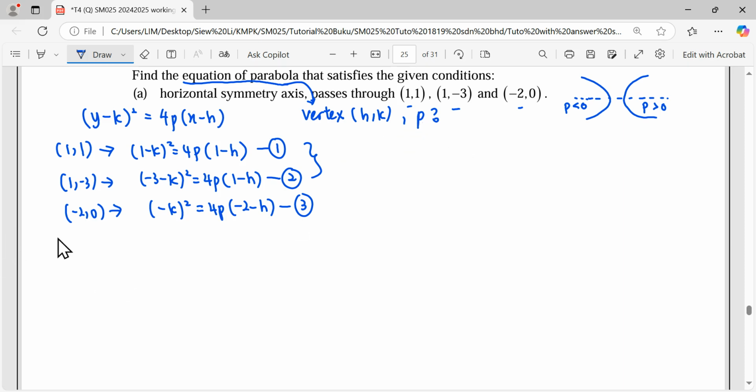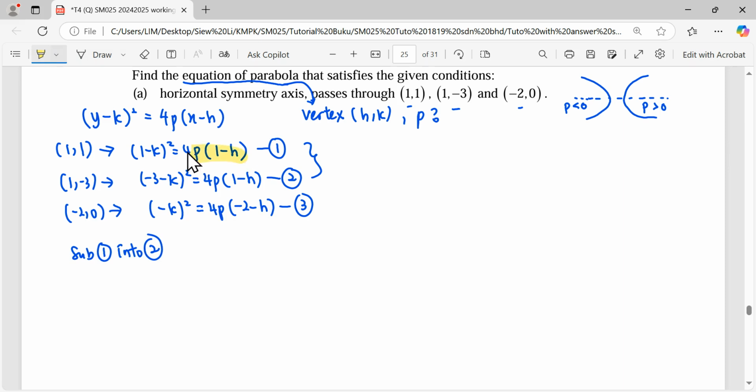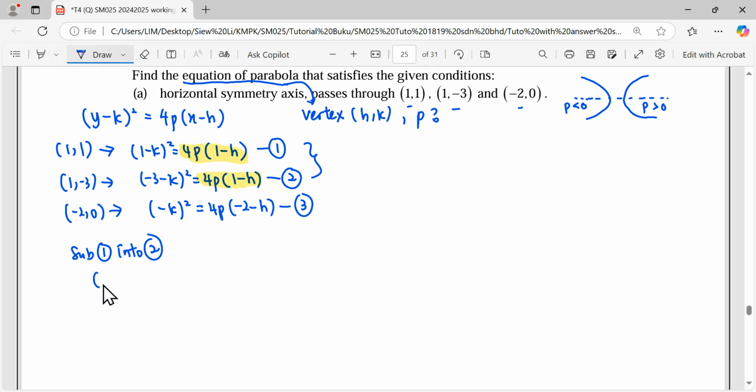So we operate on our first and second equations. Actually, we can just substitute equation 1 into equation 2. As you can see, this part is the same. So we substitute that, and you get (1 minus k) squared equals (negative 3 minus k) squared.